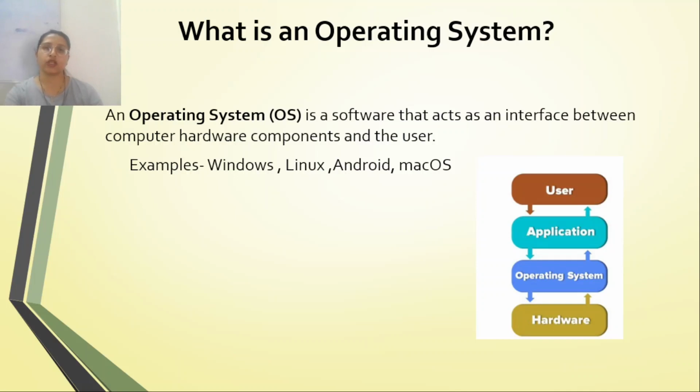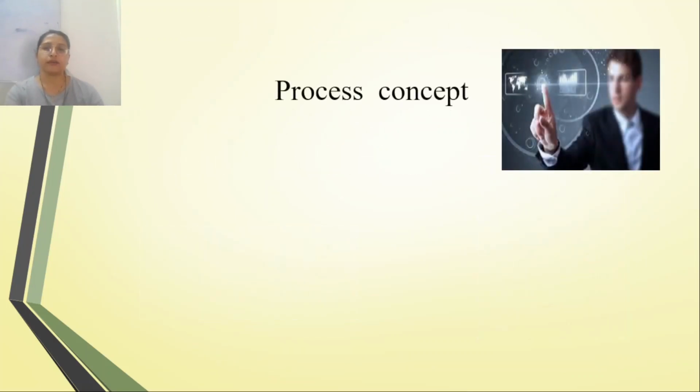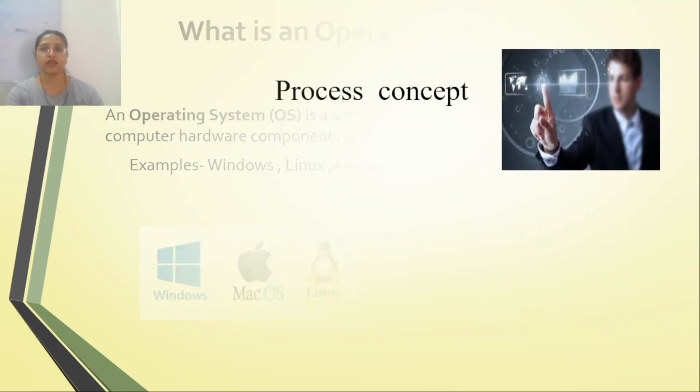It provides us with the interface so that programming and all the other activities of computing are much easier with the help of the operating system. Here you can see there are various operating systems. Various types of systems have various types of operating systems. Mobile operating systems are different, desktop operating systems are different.